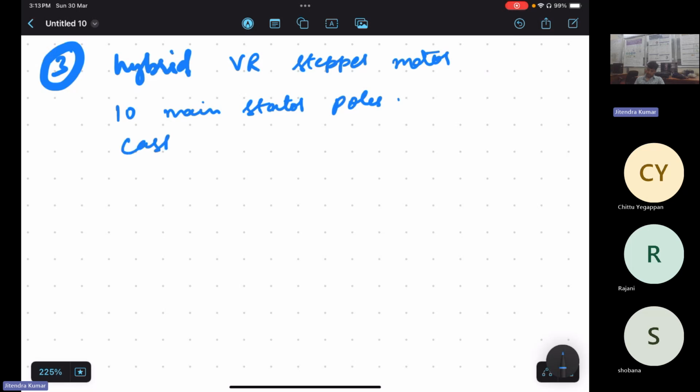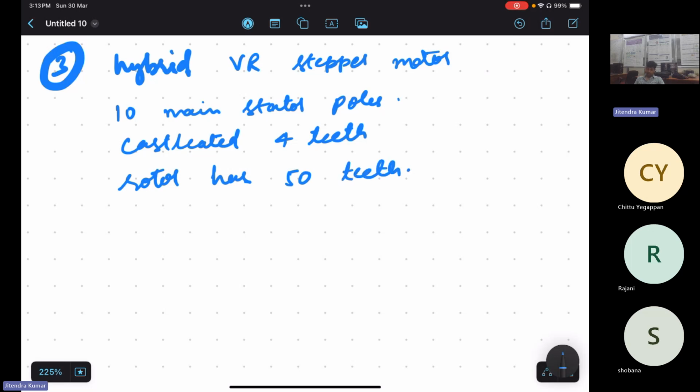So each stator pole has 4 teeth inside the pole, okay? And the rotor has 50 teeth. A stepping angle we have to find out here.